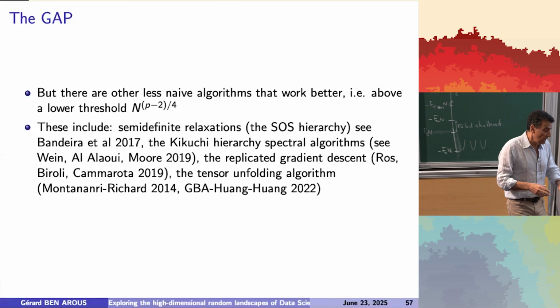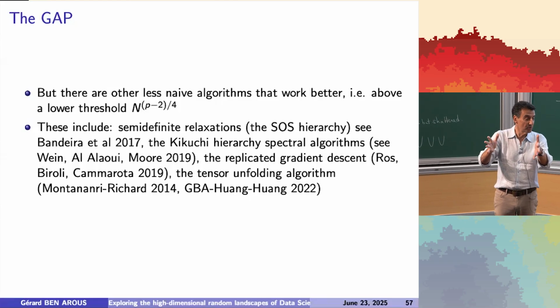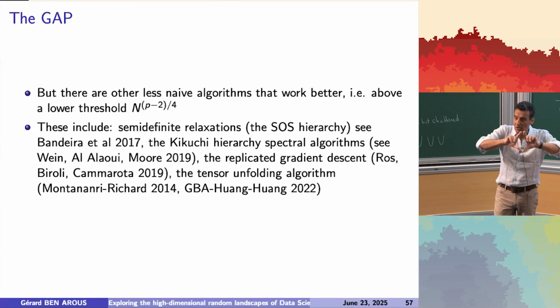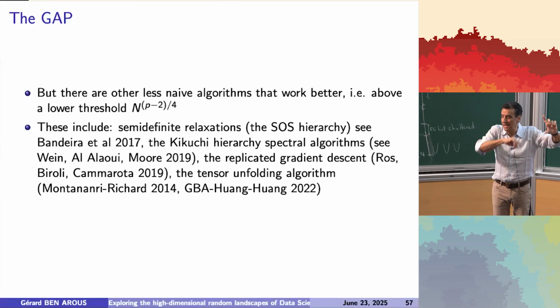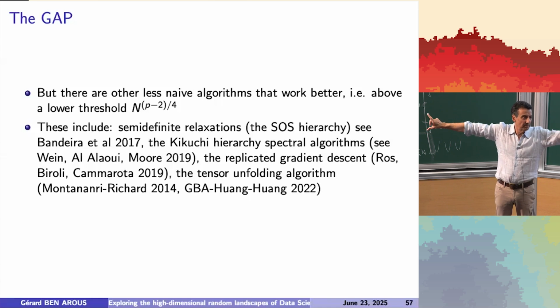You do the following. Tensor unfolding: I give you this random cube of numbers, let's say if p equals 3. So it's n by n by n. Now you can unfold it and make it a matrix of size n squared by n. You take this side of the cube, you put it there, this side of the cube, you put it there, etc. So it gives you a long matrix of size n squared by n.